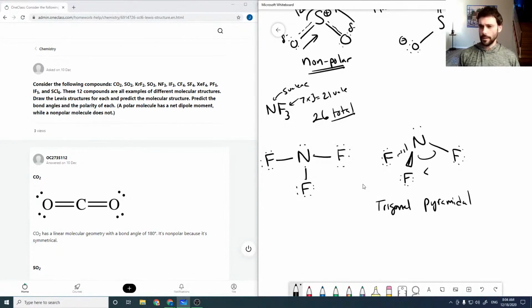And then these angles are less than 109.5 degrees because the lone pair has kind of squished them down. There will be dipole moments between each of these, and they won't cancel, so there will be a net dipole upward, and so this guy will be polar.